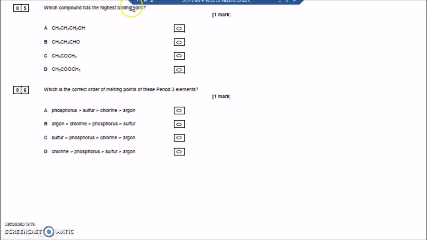Question 5. Which compound has the highest boiling point? So immediately I'm looking at that OH there. We've got an oxygen bonded to a hydrogen, so we've got hydrogen bonding between molecules of this propan-1-ol. So the way that a hydrogen bond works is that you've got an oxygen bonded to a hydrogen, or a nitrogen bonded to a hydrogen, or a fluorine bonded to a hydrogen. Then there's very different electronegativities.